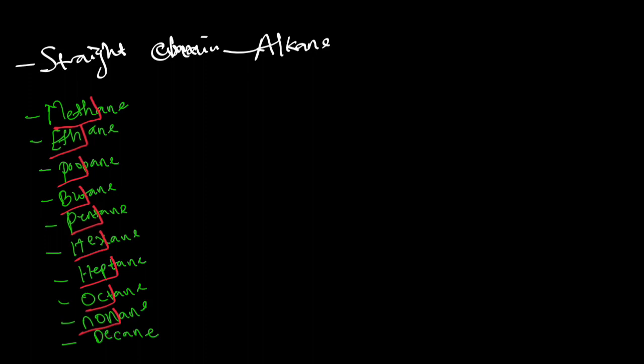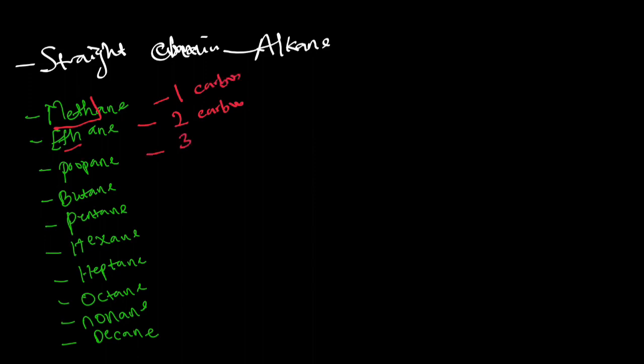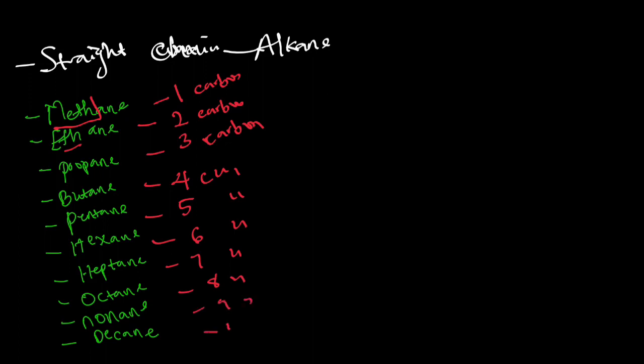Whenever I see meth, it means 1 carbon. If you see eth, it means 2 carbon. For propane, 3 carbon. For butane, 4 carbon. For pentane, 5 carbon, then 6, 7, 8, 9, and the last one, 10 carbon.